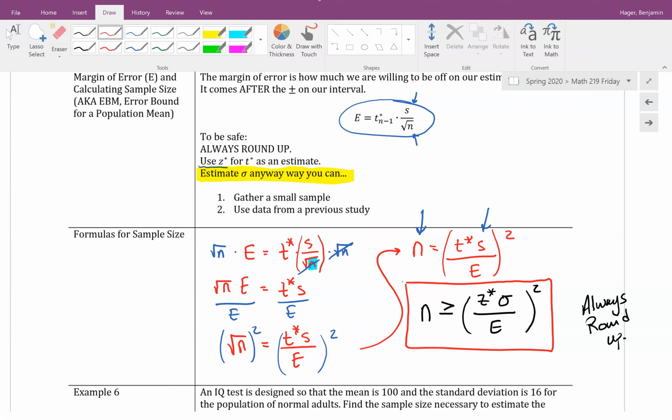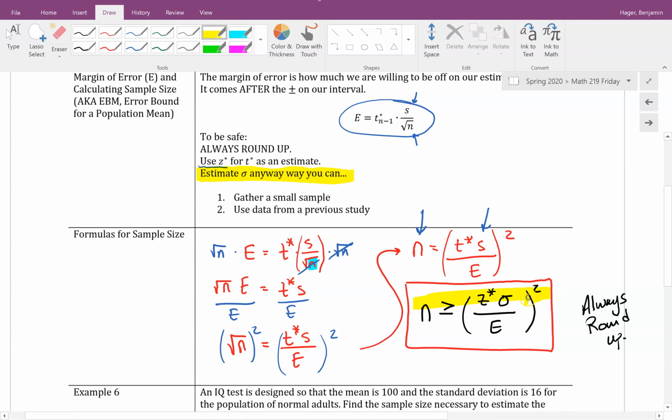So if we were okay with being off by half an ounce of the true mean number of ounces in a can of Coke, by taking a larger number of cans than we find from this formula, we're actually going to have less error, and it's going to be like 0.4 is what we'll be within, let's just say. So if you're okay with being half an ounce off, then we're totally fine being 0.4 ounces off. Okay, so I hope that made sense.